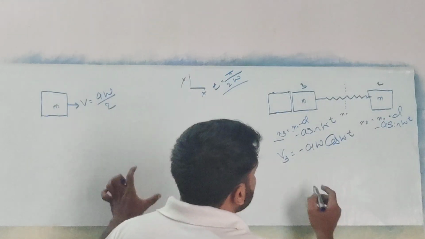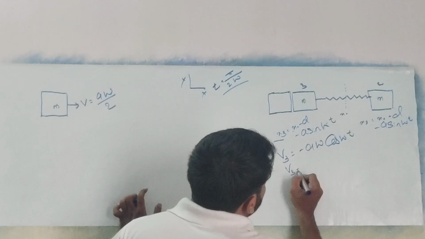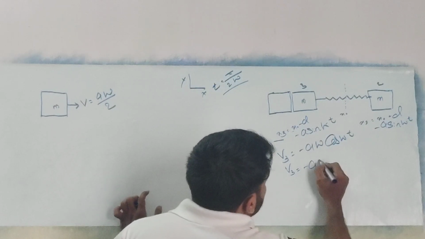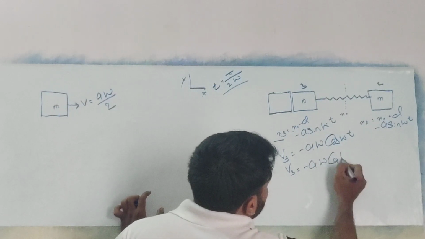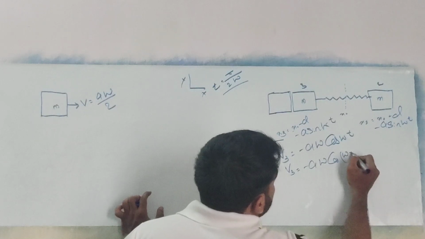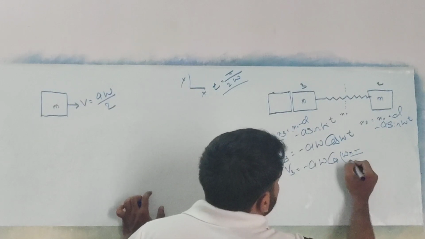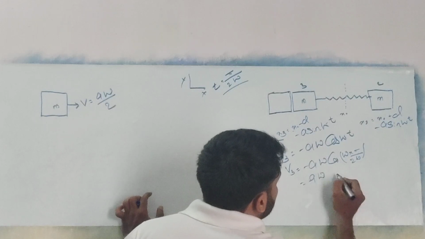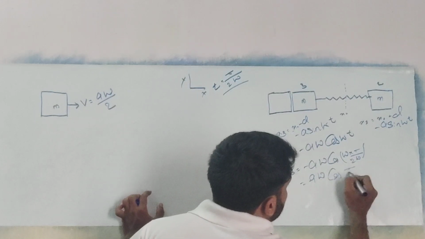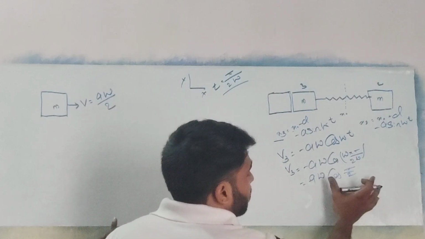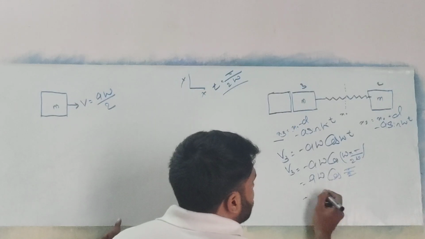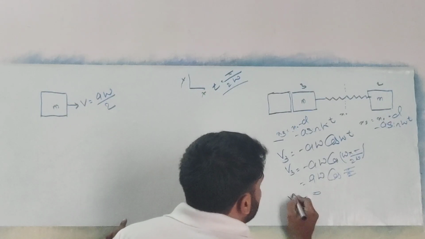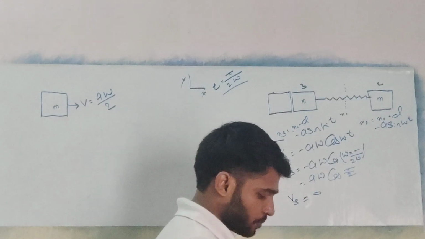Now put the value of t. So v3 at time t equals minus a omega cos of omega times pi by 2 omega. That means minus a omega cos of pi by 2. We know that the value of this is 0 because cos pi by 2 is 0. That means v3 is equal to 0.